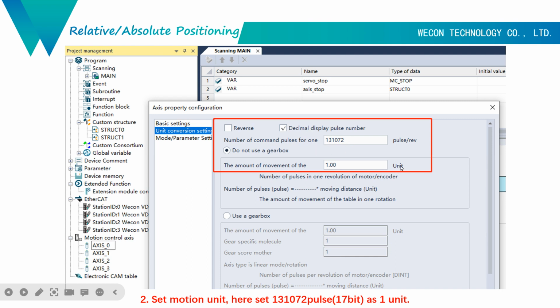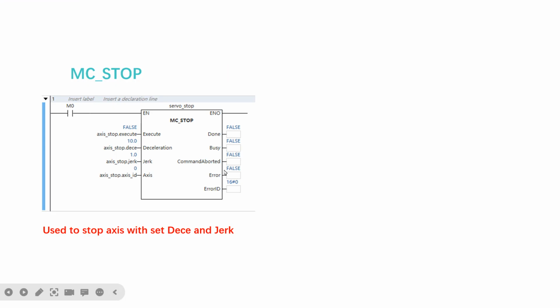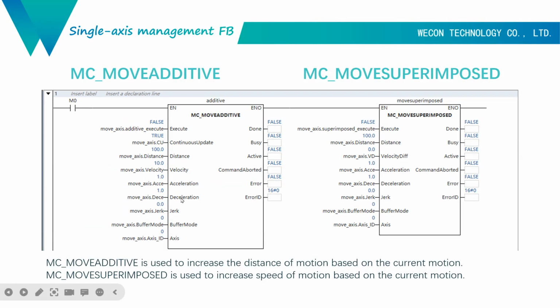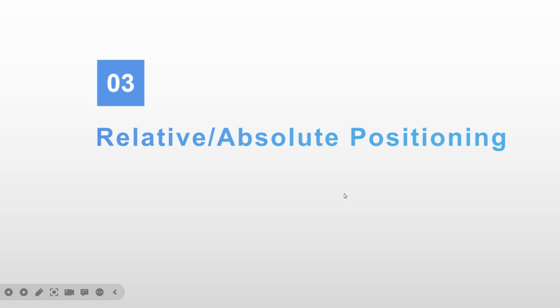If we set it as 1 unit, it means the motor will run 10 rotations if we set the distance as 10. And the motor will run 5 rotations per second if we set the speed as 5 units. All these parameters, deceleration, distance, acceleration, and speed, use this unit.